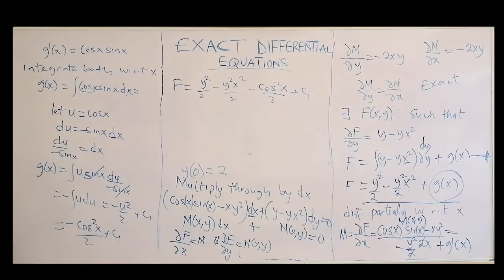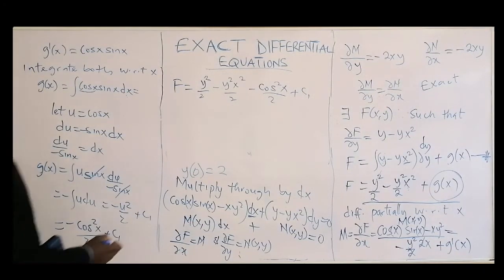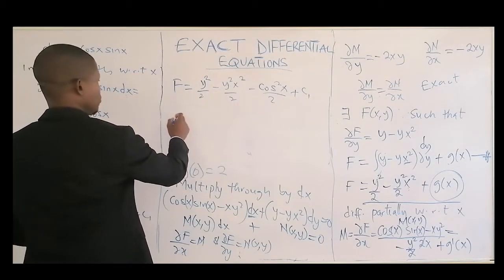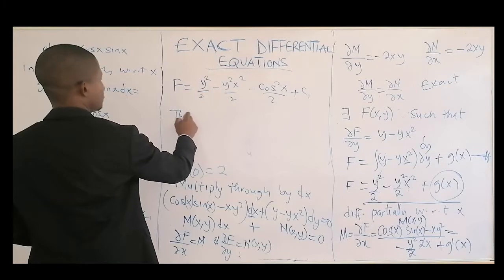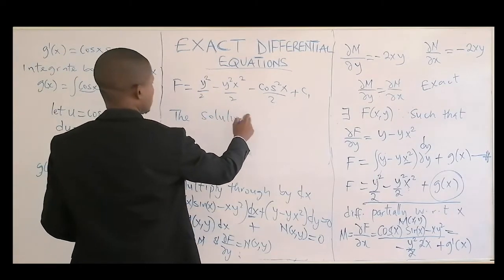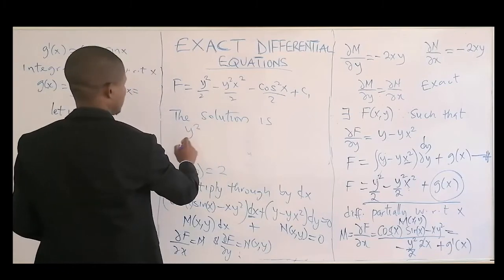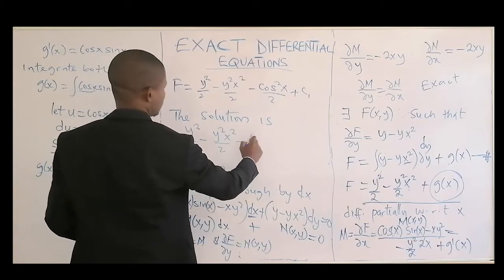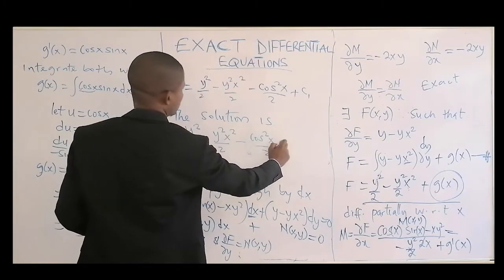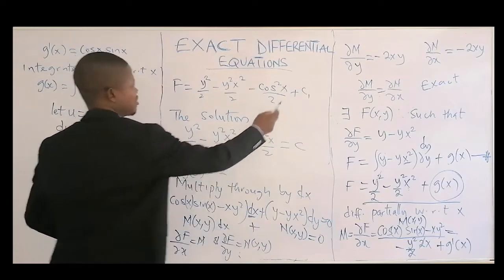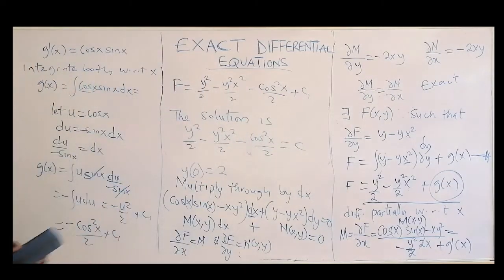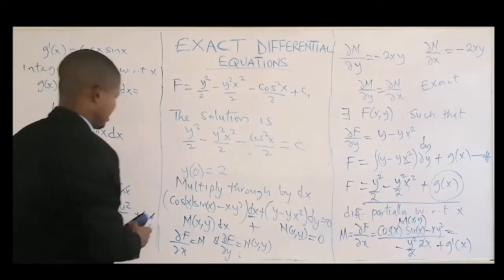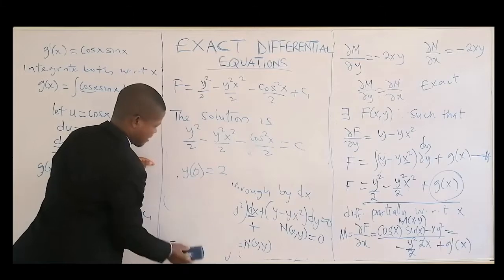Then f will become c. So the solution is y squared over 2 minus cos squared x over 2 equal to c, because this one will go to the other side, and f is replaced by c.